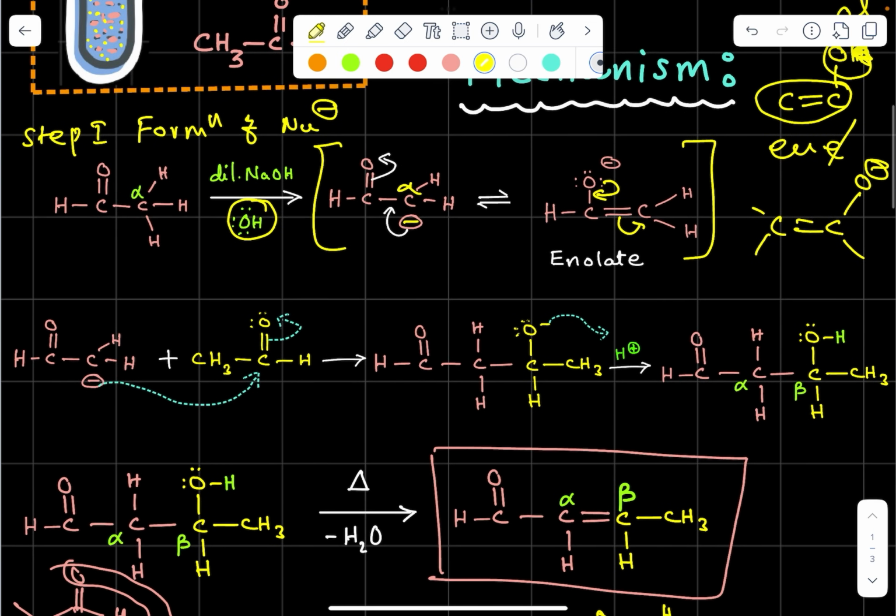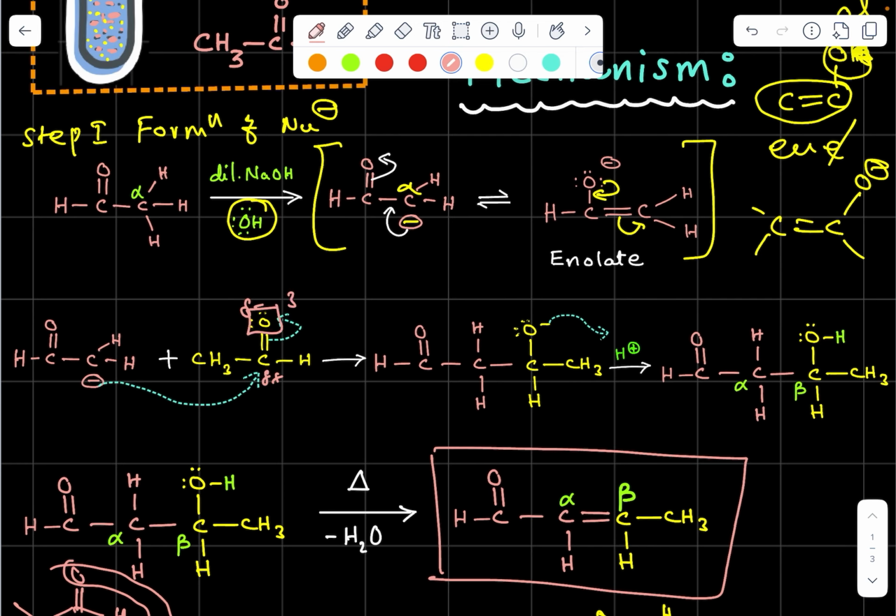Once I get the negative charge, I need to take another equivalent of the ethanal. In that, the carbonyl carbon has a partially positive charge and the oxygen has a partially negative charge. You know very well the carbon is the electrophilic center and the oxygen is the nucleophilic center.